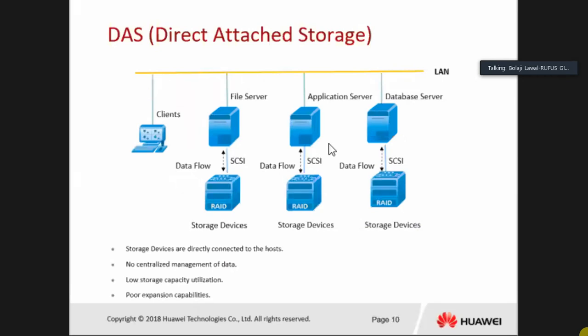There is a database server attached, application server attached, file server attached, and client. This type of technology is very poor in terms of expansion, has low storage capacity utilization, low central management of data, and the response time is going to be slower.